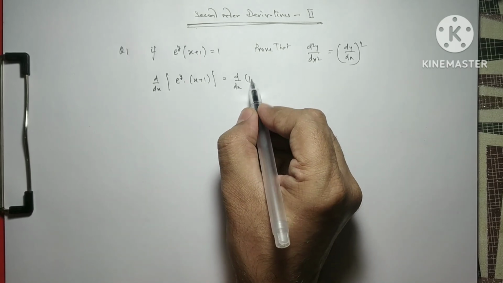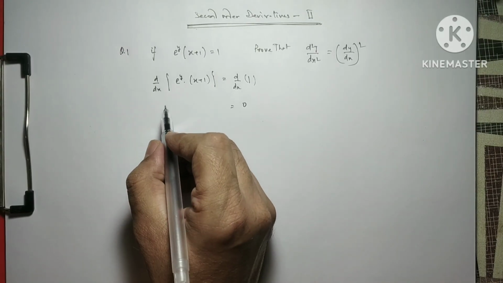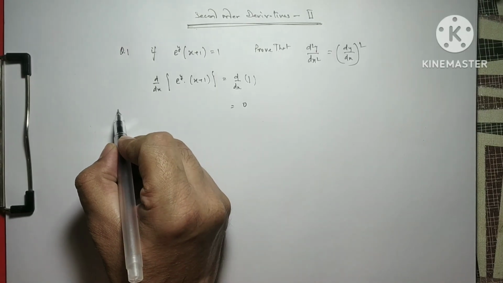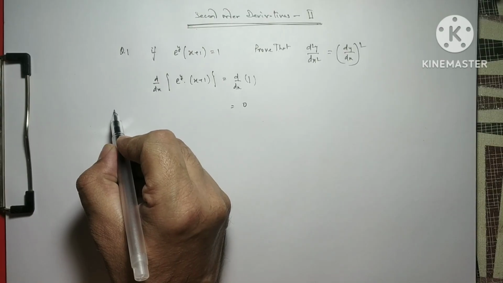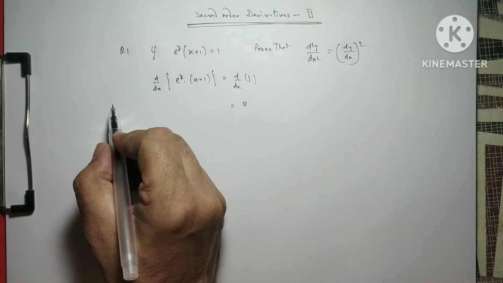This is a constant, so its result is 0. For the product of these two, when you differentiate any term in terms of y, you can differentiate it simply as x, but dy over dx should be placed with it.